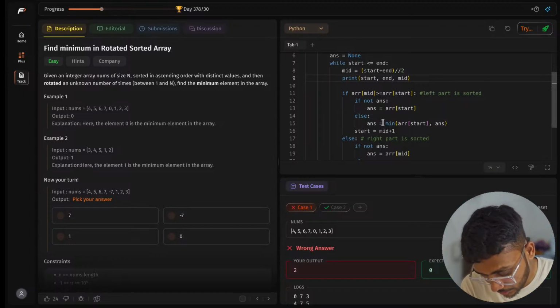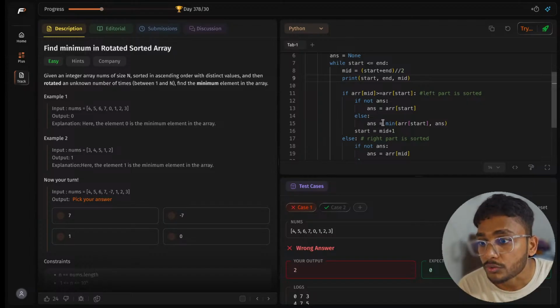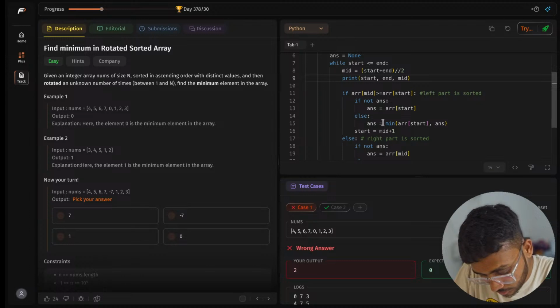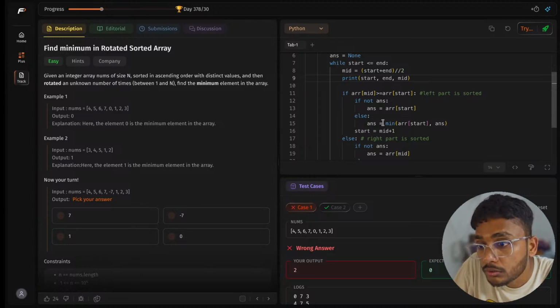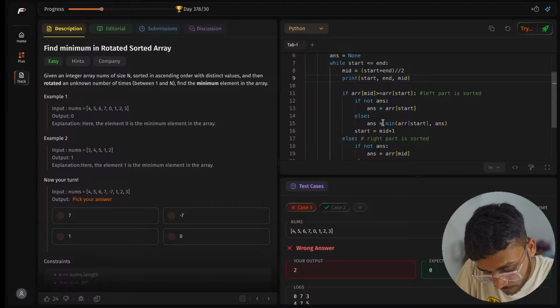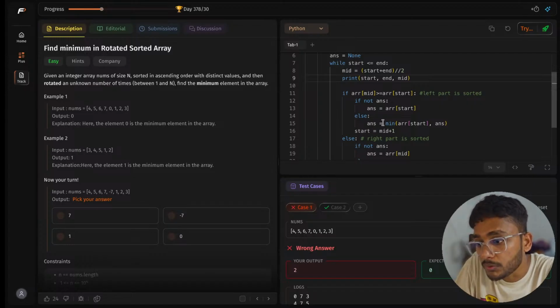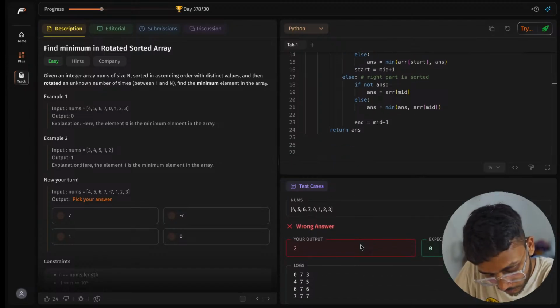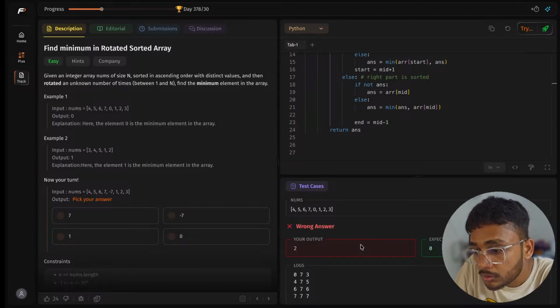Yes. So answer will be start, else answer will be min of array of start and answer, and start will be mid plus 1. So 4 and 7, and 5. So 4, 7 and 5, then 6, 7, 6. Why 6, 7, 6?